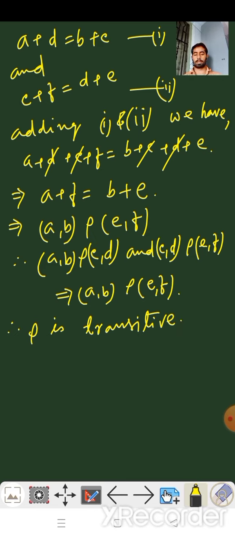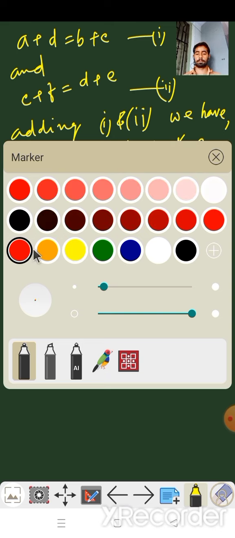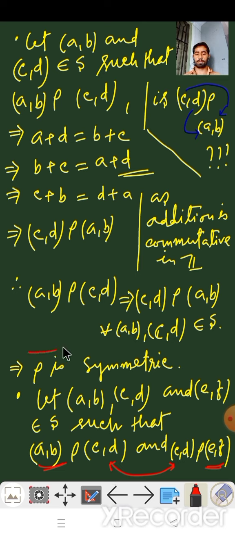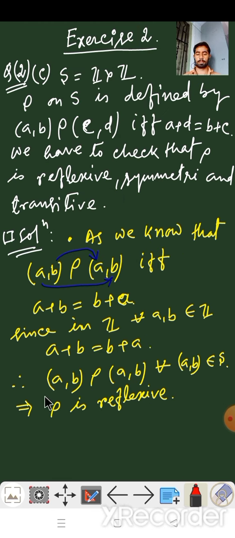Hence we finally get that rho is transitive, rho is symmetric, and rho is reflexive also.